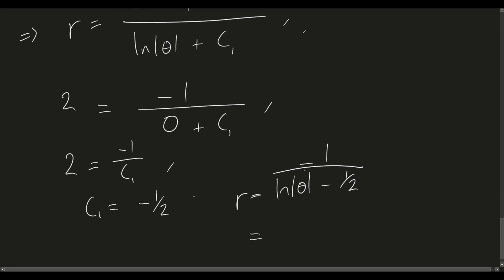And I can, of course, just quickly absorb that top negative into the denominator, and then I'm left with r is equal to 1 over 1/2 minus natural logarithm of theta. And that's our problem done.